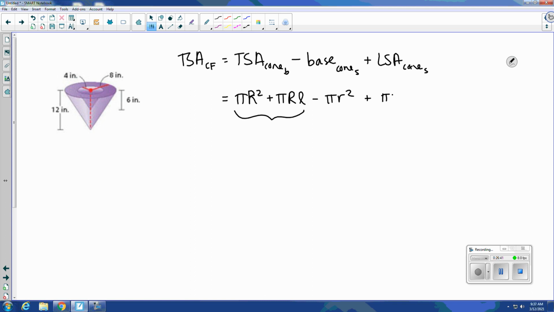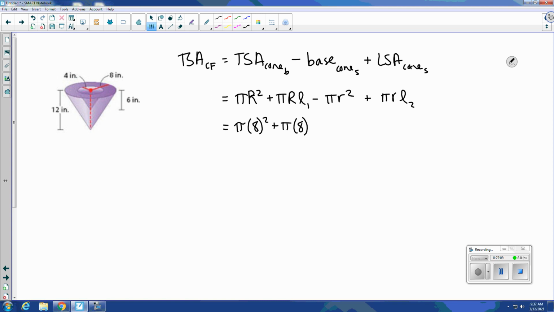So we're just left with pi, but it's lowercase r because we're dealing with the small one, L. And that L, we'll do L2 for lateral, slant height for the small, and then L1 for slant height for the big one, because we're going to have to find both. Okay. Now, capital R we have, which is 8.